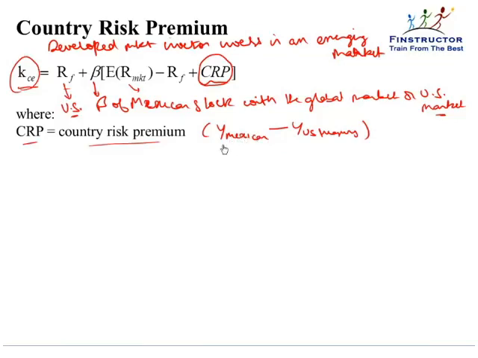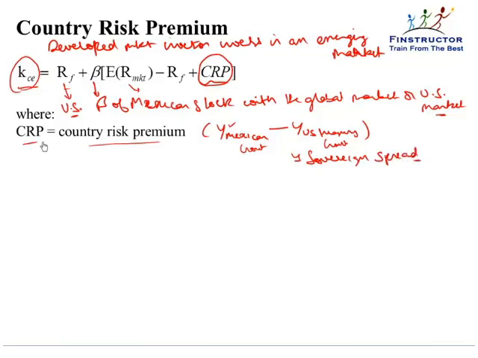So Mexican government bonds will have to give us a higher interest rate as against US government bonds, because of the higher risk of investing in Mexico. This is called the sovereign spread or sovereign yield spread.